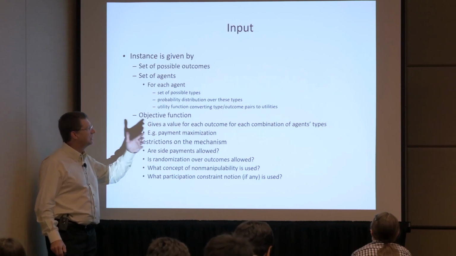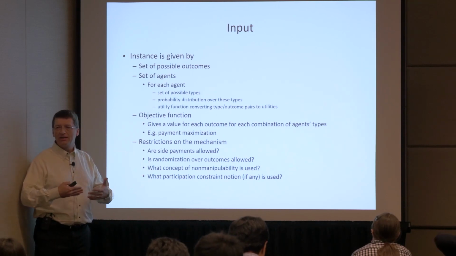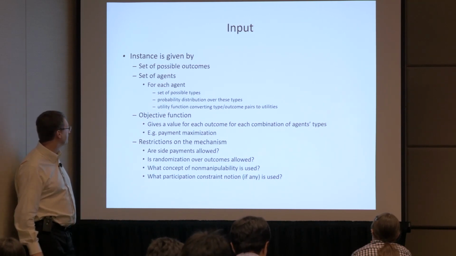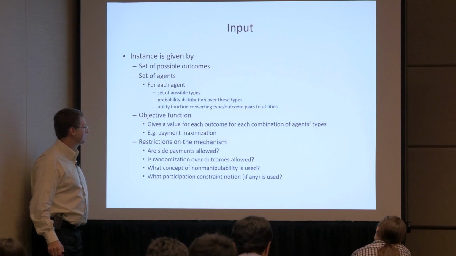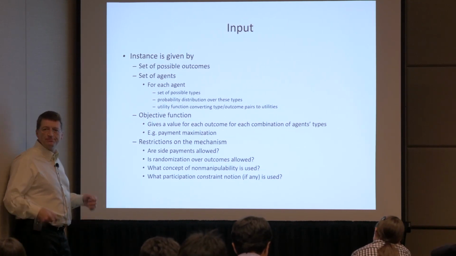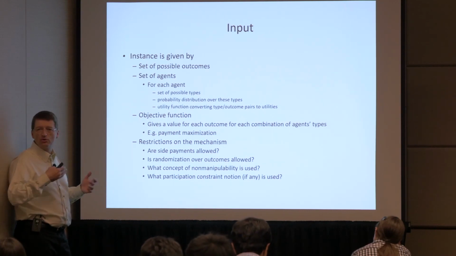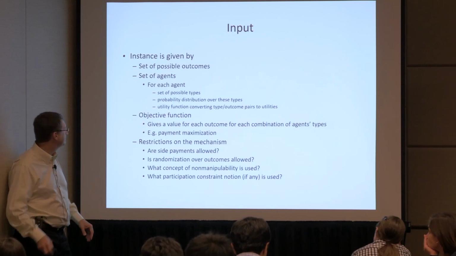So you can think about types here or revealed types. They're essentially the same if everybody's motivated to tell the truth. And this could be, for example, payment maximization. But it could be other things, some sort of combination between revenue and efficiency, or maybe some notions of fairness baked in, and so on.